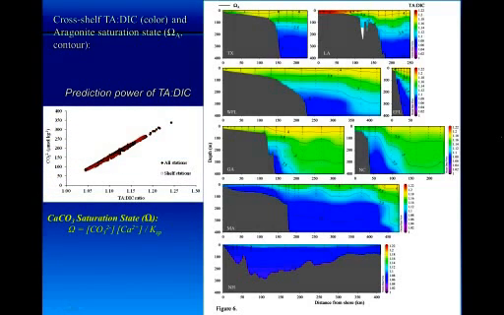This is because this ratio basically can predict the carbonate ion concentration, and we know carbonate ion concentration is proportional to the saturation state. So that's why we have this very tight relationship.